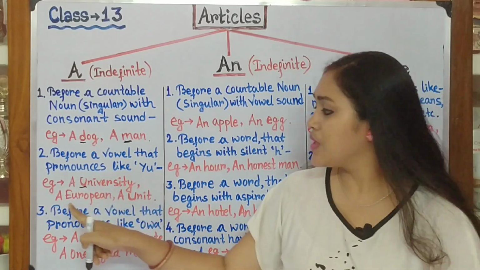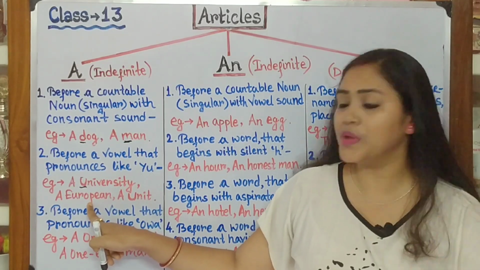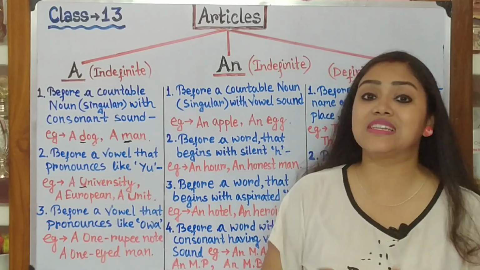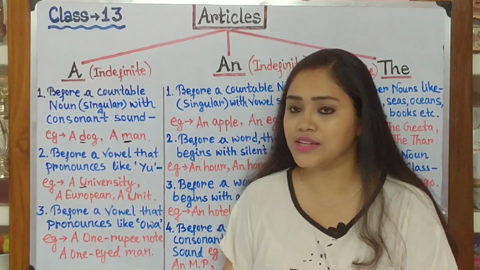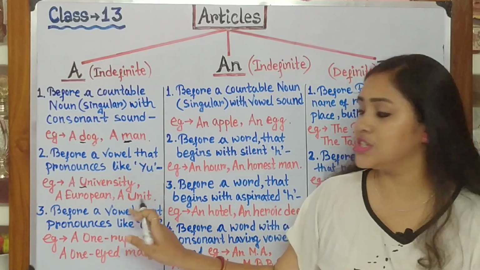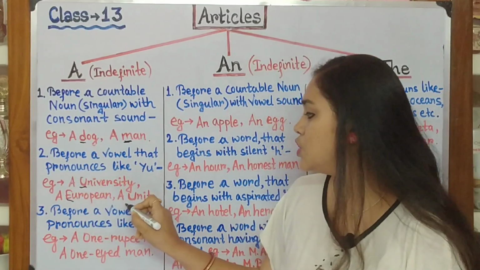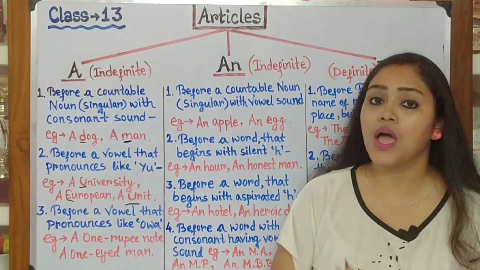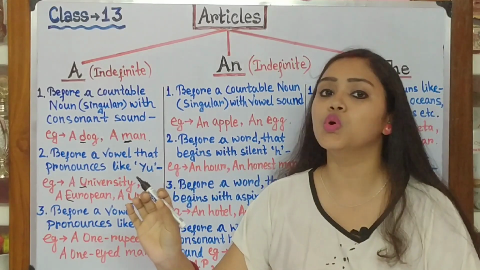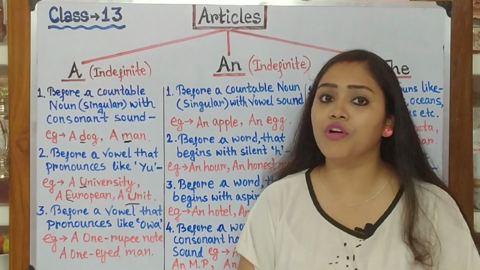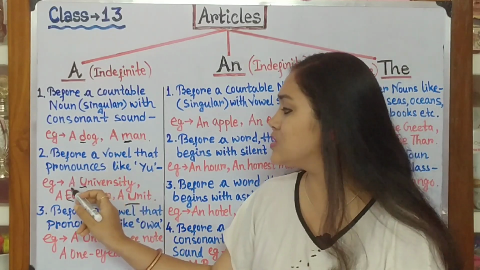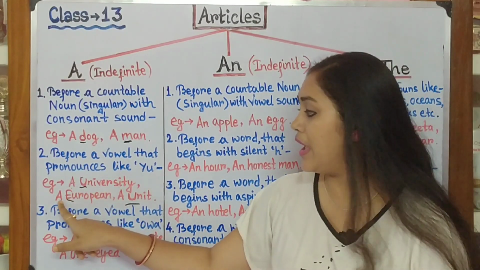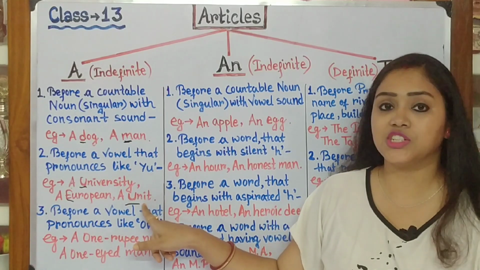A university. A European. The word starts with the letter E, but it is pronounced like yu. European. And the next one, unit. Here in European and unit, the first letters are vowels, but the pronunciation is yu. So if the pronunciation of a word starts like yu, then we use a before it: a university, a European, a unit.